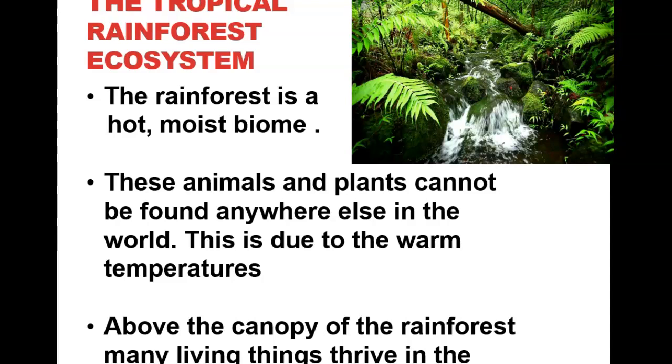The canopy is the top, the really tall trees in the rainforest, and above the canopy, many living things thrive in the sunlight. So if you're below the canopy, that's considerably different than above the canopy, because the rainforest is really thick.